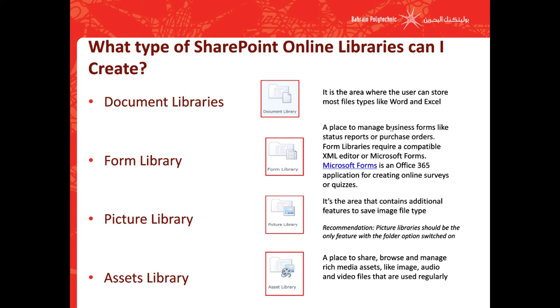You may have a form library where you may have business forms and templates. You can manage forms with Microsoft Forms. Picture library: this is an additional feature to save your images. Now you have a picture library and an asset library.